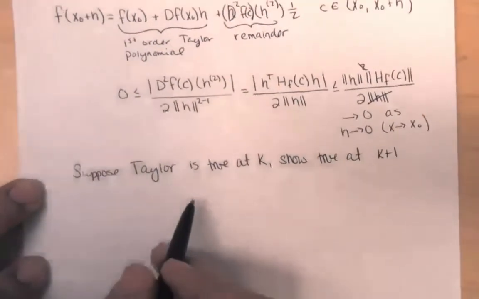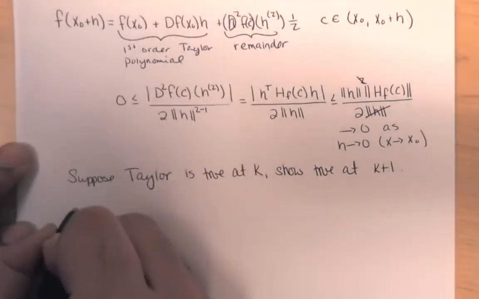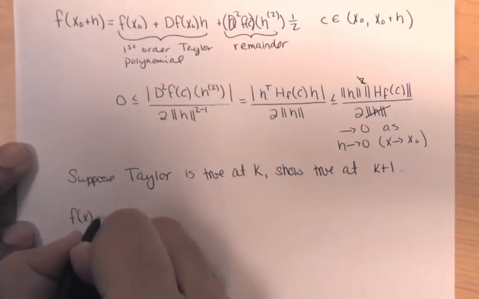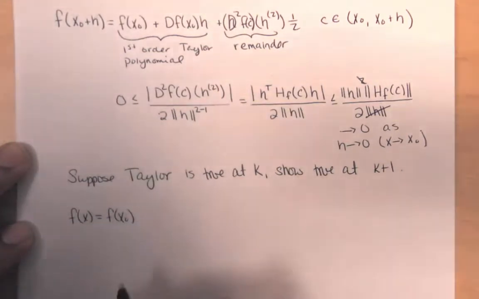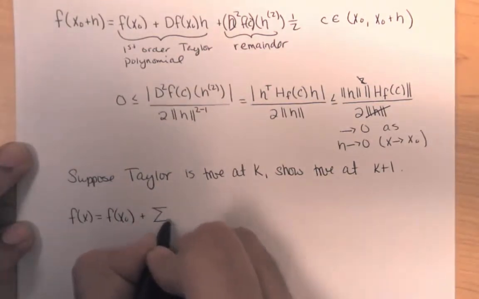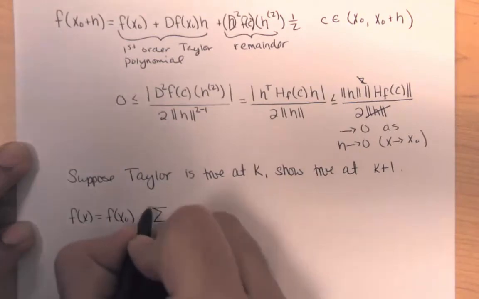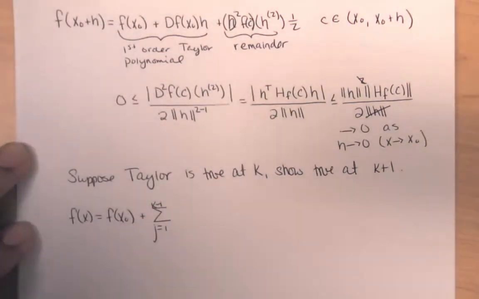So when I say Taylor is true at step k, what do I mean? Well, I mean that I can write f of x to be equal to f of x naught plus the sum from j equals 1 to k minus 1, because I'm at the kth step. K is some arbitrary number less than r.